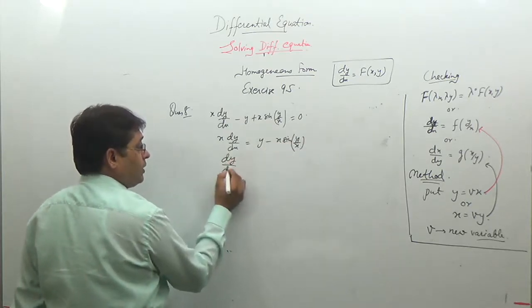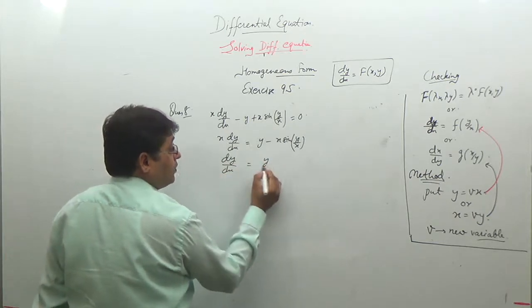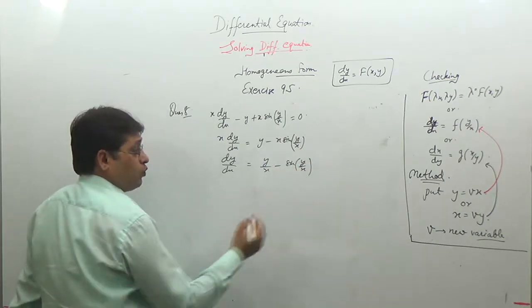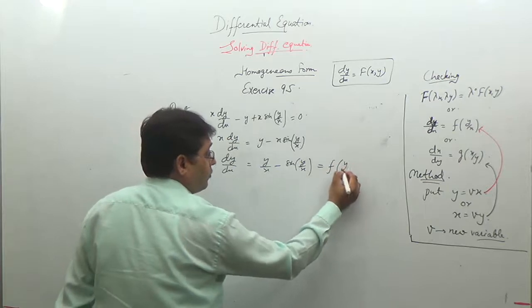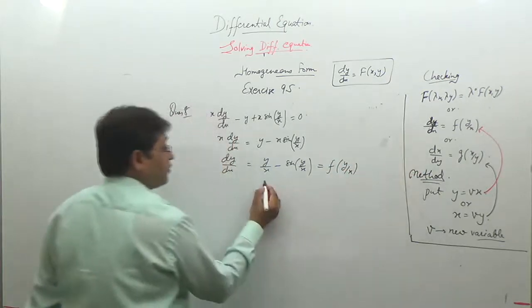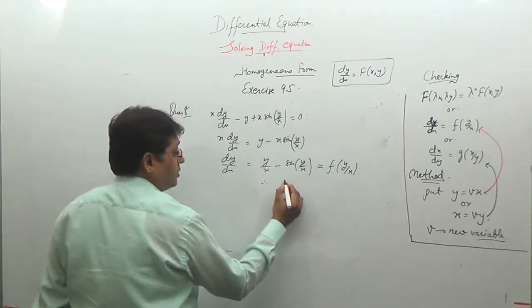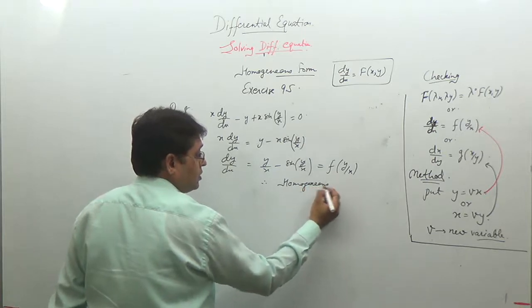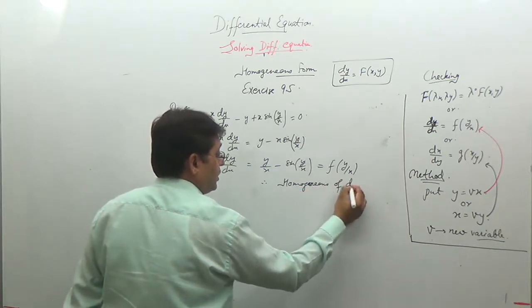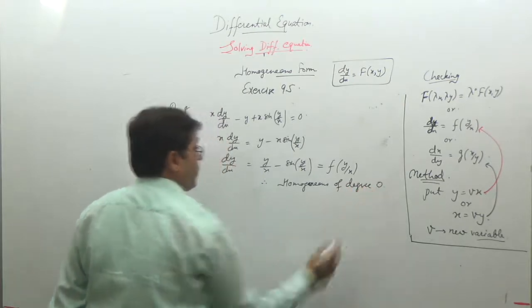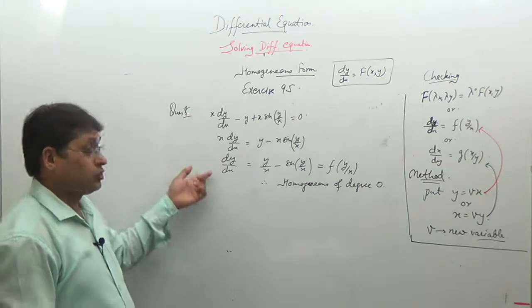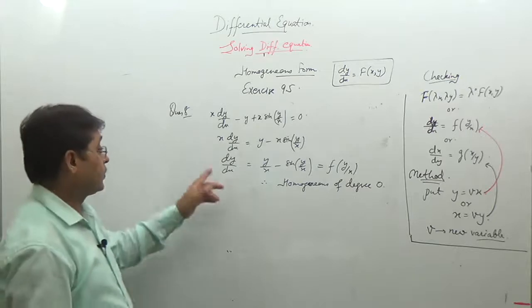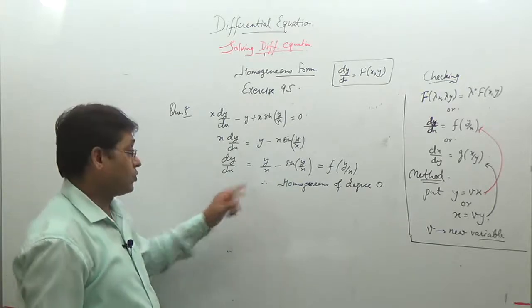Then dy by dx will be y upon x minus sine of y upon x, which is in the form f of y upon x. Therefore, it is a homogeneous equation of degree 0, right? So this is also the method I have told you that you can use for explaining the equation to be of homogeneous form.